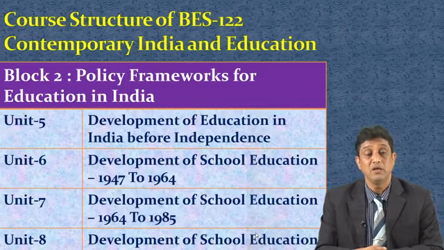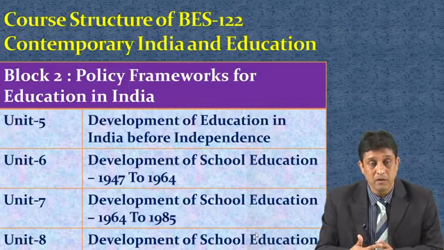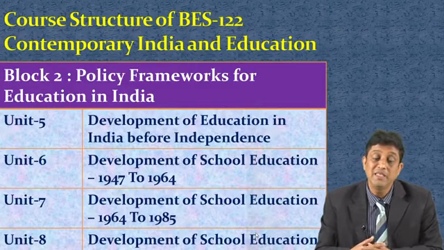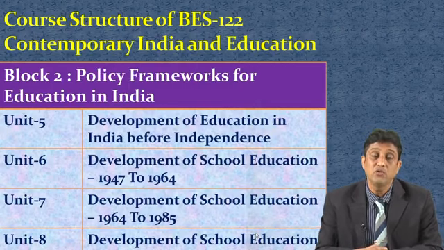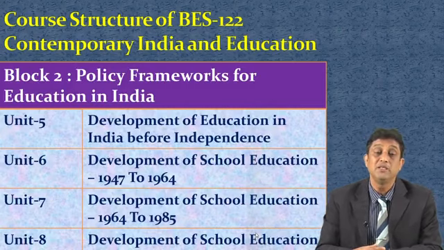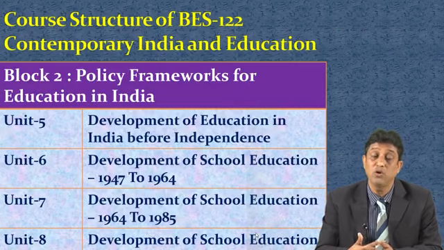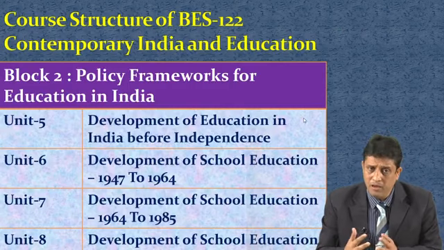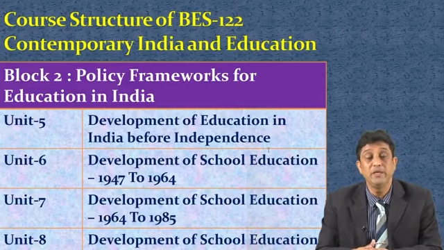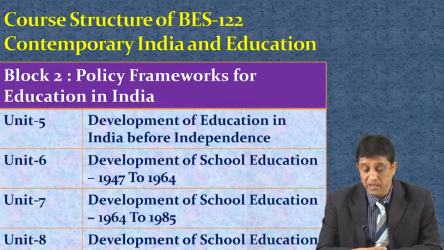Then further you will see NCF 2005, the National Curriculum Framework, and the National Knowledge Commission, implemented from 2006 to 2009, also part of this unit. And the revised National Policy on Education 1992 is also discussed in this unit.